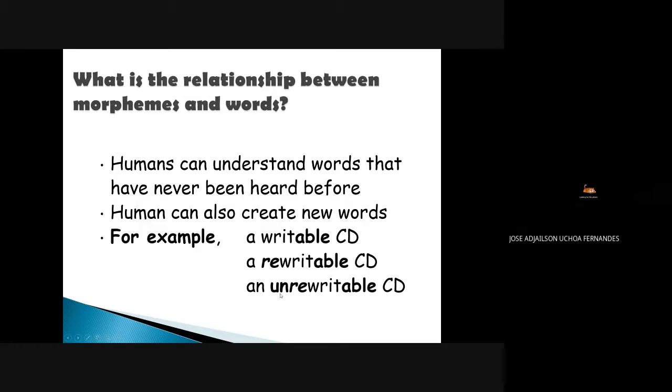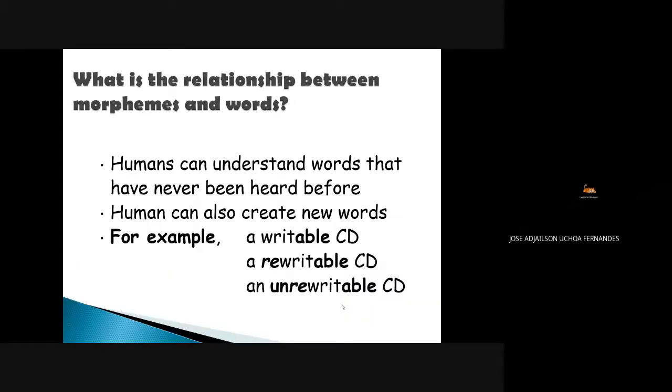Now, unrewritable were those that you could erase, write again, delete, write again, delete, and write again. Okay? These two words, the last two words, did not exist until the technology came up. So, as technology evolves, we create terms, we create words to describe what they do. Okay? And this is the creative process of language. And to create these words, we rely on morphological rules.